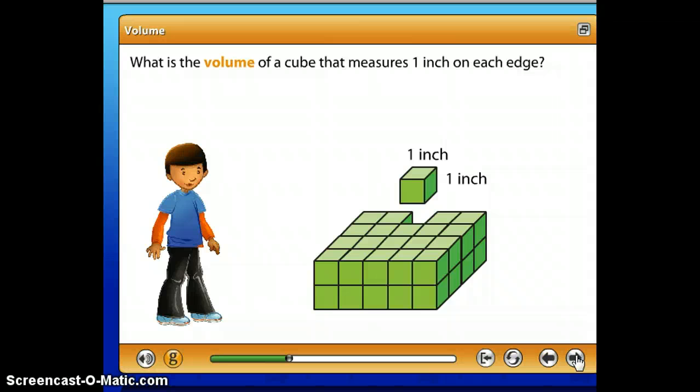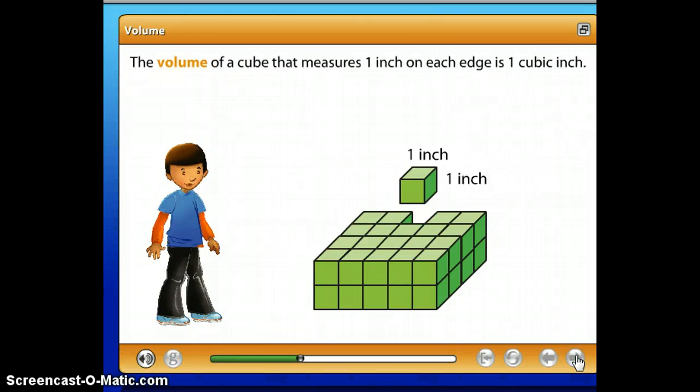Claire? 1. What kind of inch? Cubic, yeah, 1 cubic inch. The volume of a cube that measures 1 inch on each edge is 1 cubic inch.